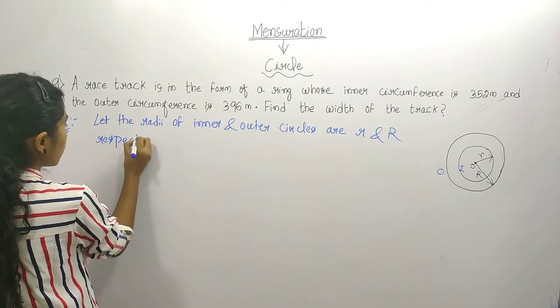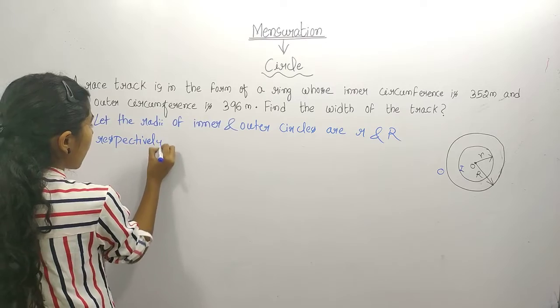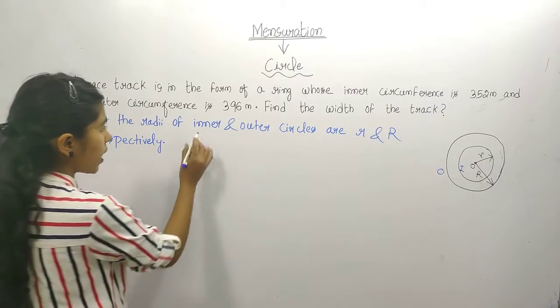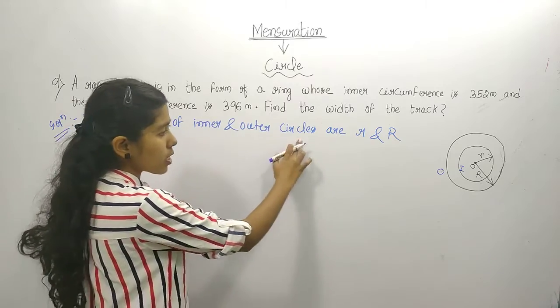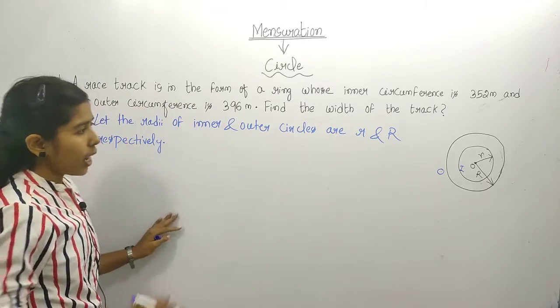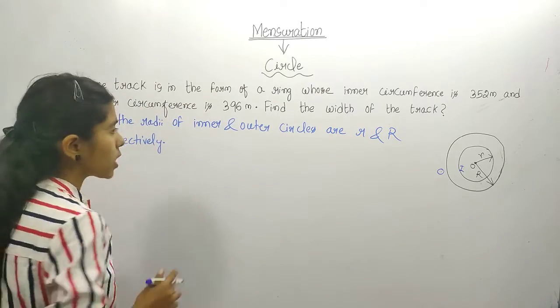First you have to take the radius of the two circles. Now you can easily find the circumference.